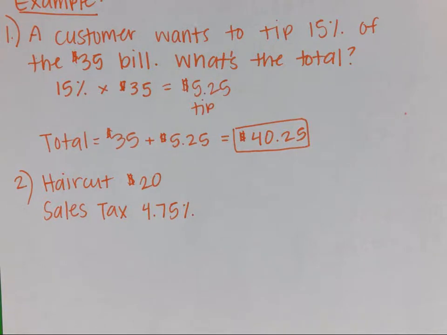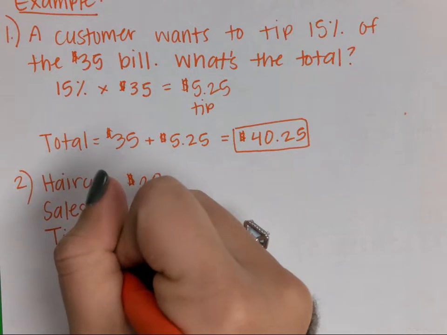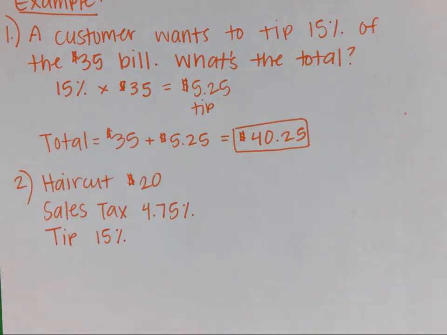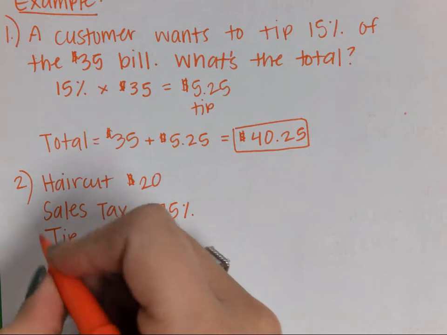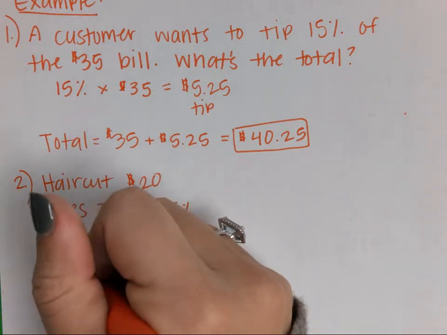And then, of course, I need to tip her as well, so the tip is going to be 15%. I want to find out if $25 is enough to pay this bill. All I have is $25, so I want to make sure before I go that I've got enough money.